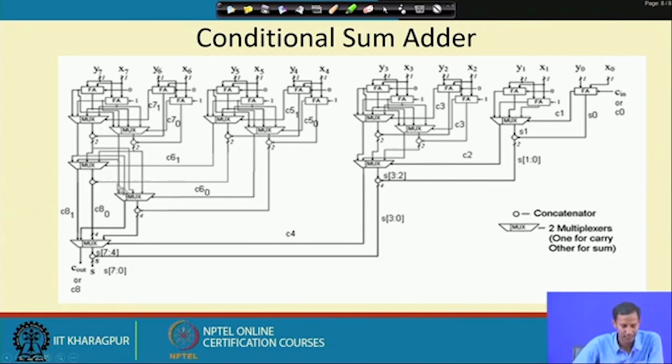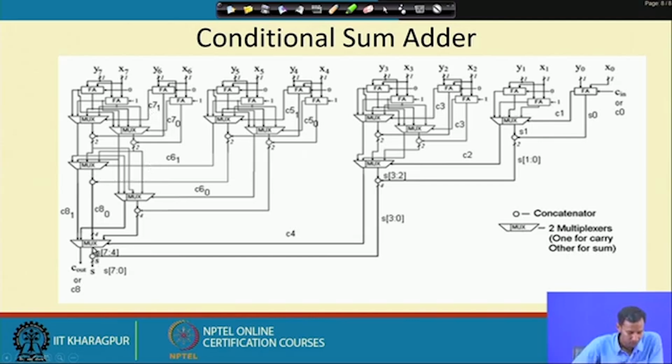That is why I need these multiplexers. Then for these two multiplexers, another carry will be generated from the fourth bit, and that will take the final output, affecting the carry output generated from these blocks.